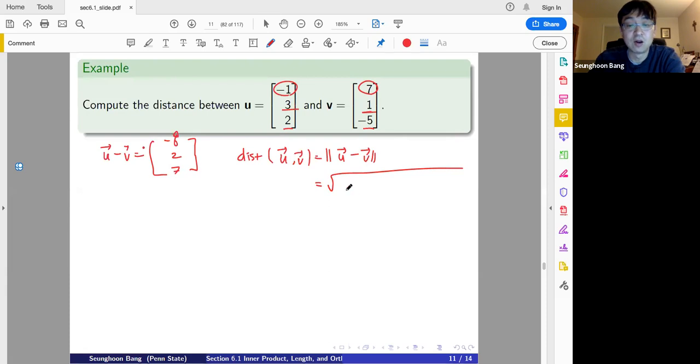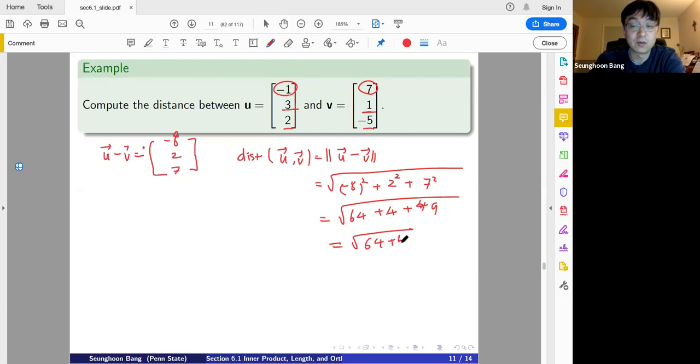The square root of negative 8 squared plus 2 squared plus 7 squared. 8 squared is 64, 2 squared equals 4, 7 squared is 49. You add these things, 64 plus 53. The answer is square root of 117.